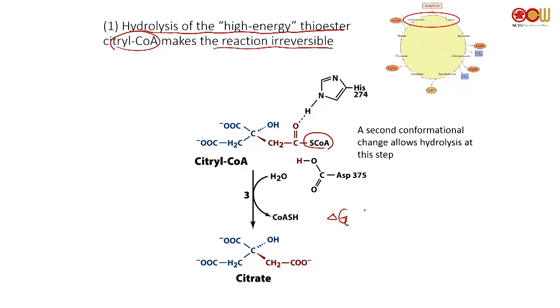this step has a delta G less than 0, very large, such that this reaction goes in one direction. And all the other reactions were reversible.